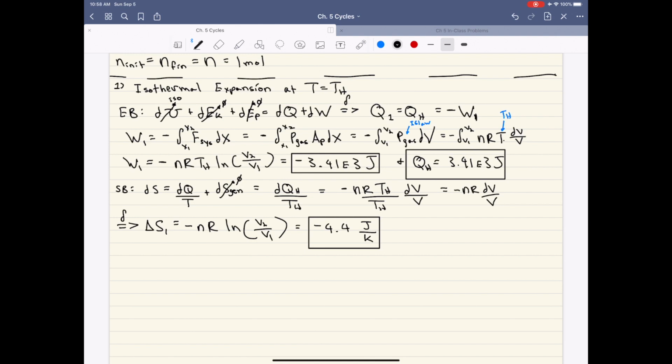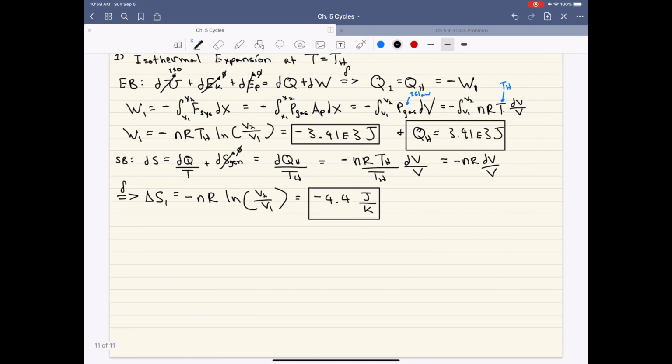And so for this Carnot cycle, rather than even just starting from the energy balance or the entropy balance, we could even just skip ahead and apply the work and heat equations that we know apply to these different steps. Now that we've done the analysis for this first step, let's move on to doing the analysis for the second step.